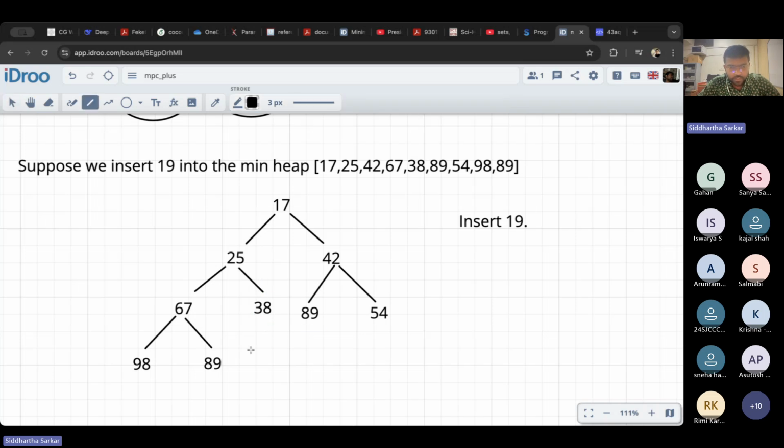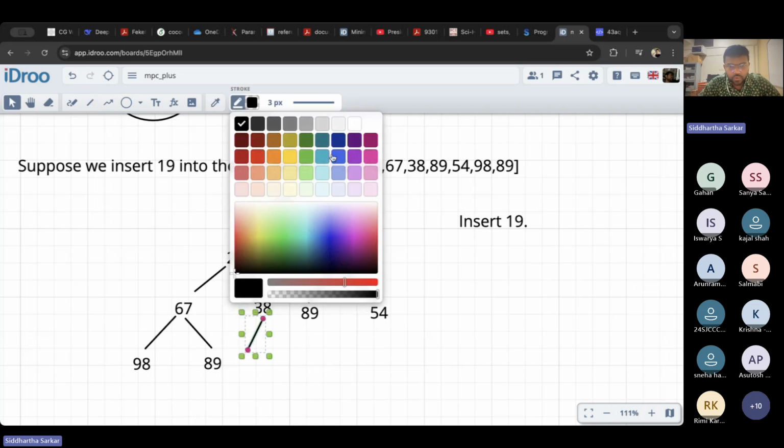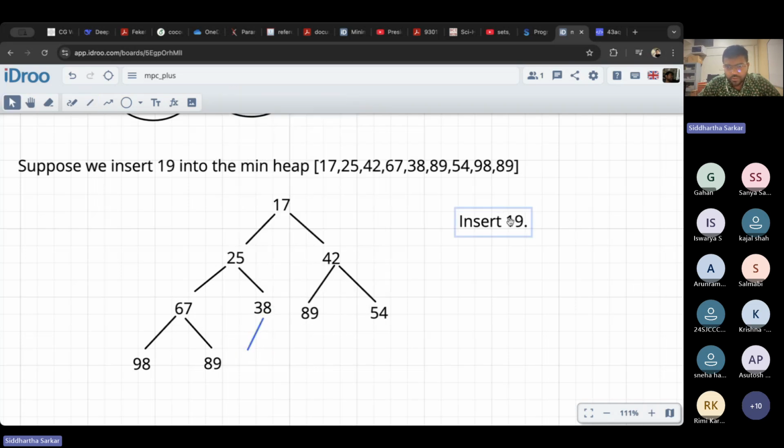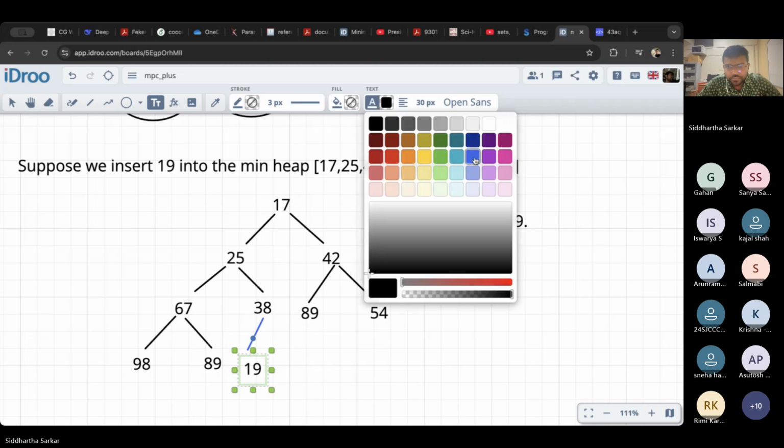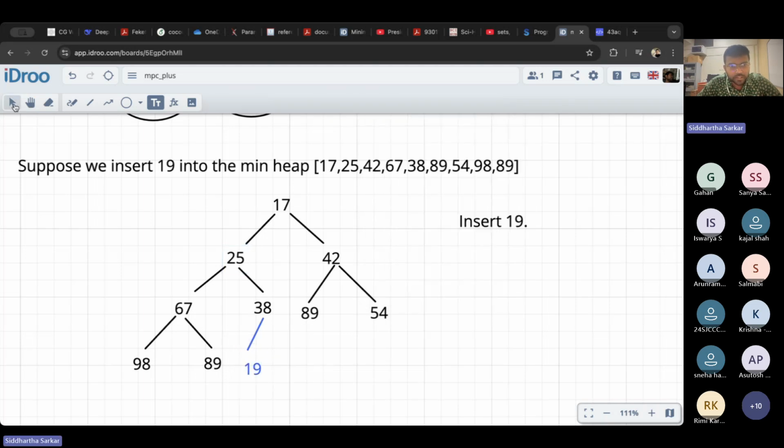So 19 will come here. Now I'm going to insert 19. Let me give it a new color. Let's make it blue, so it's a newly inserted node. So 19 is inserted into the min heap. But is it a min heap after the insertion of 19?